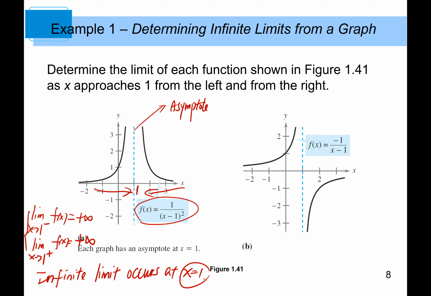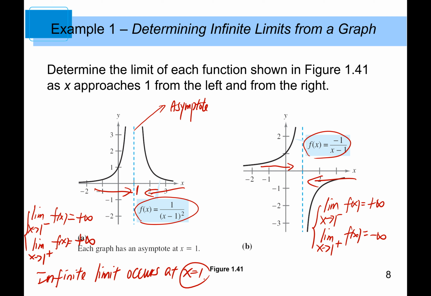Let's take a look at graph B. This is another function, f of x equals negative 1 over x minus 1. As x approaches 1 from the left, the limit in this case is positive infinity, and the limit as x approaches 1 from the right is negative infinity. If you look at the graph going this way, it decreases without bound.